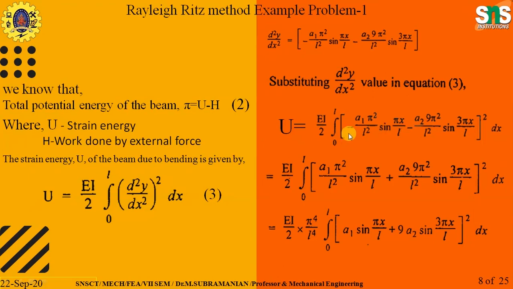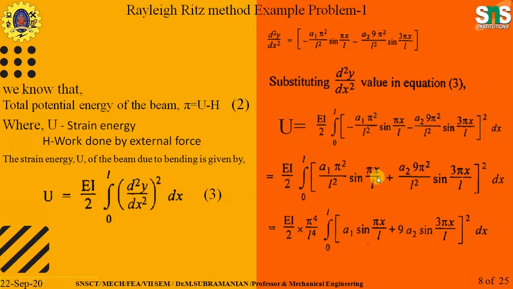Both negative signs we remove from this equation and take outside, so a positive sign comes in: a1 π²/L² sin(πx/L) plus a2 9π²/L² sin(3πx/L), whole square, dx. Again we are going to integrate this.